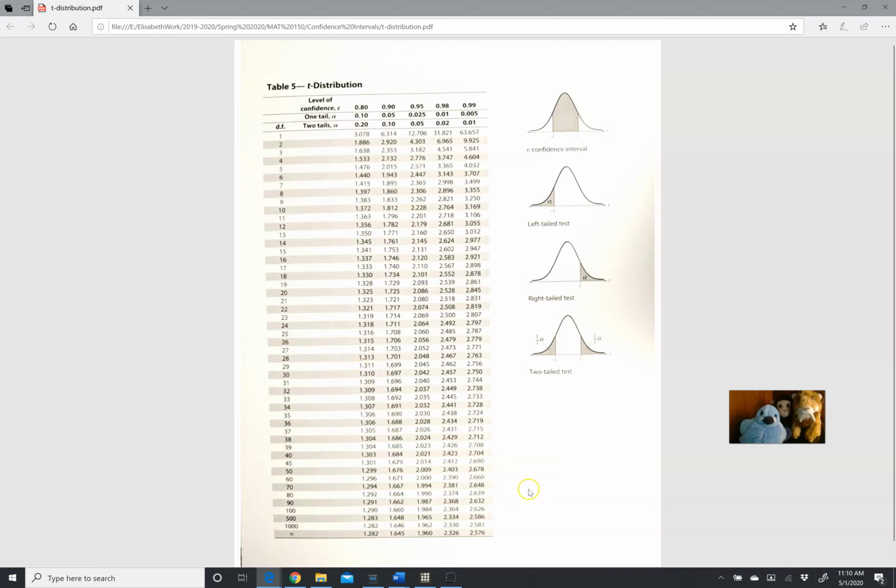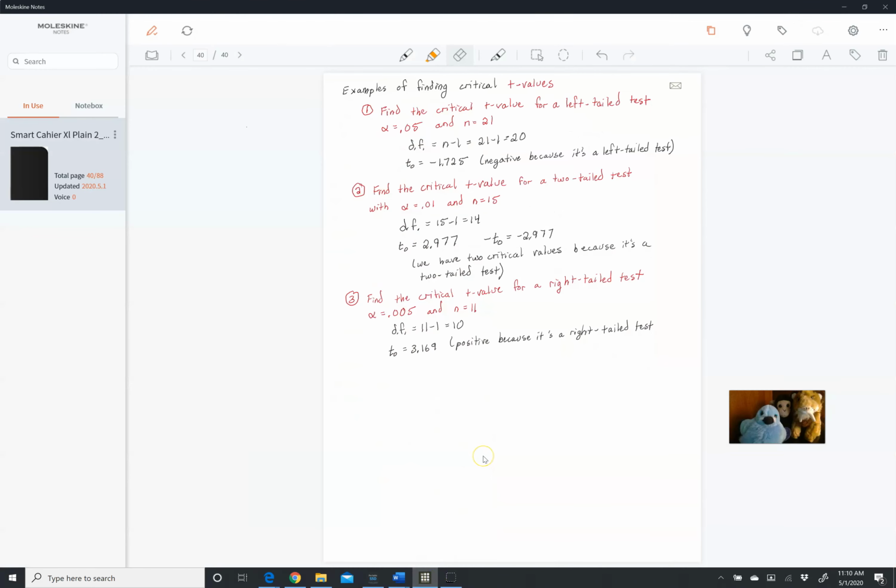So let's look at the actual t-value that we would find if we were doing a hypothesis test for the mean with the standard deviation unknown. This is not the critical value. This is just the t-value, just like we had our z-score and then our critical z-score. Here we have our t-value and then our critical t-value.